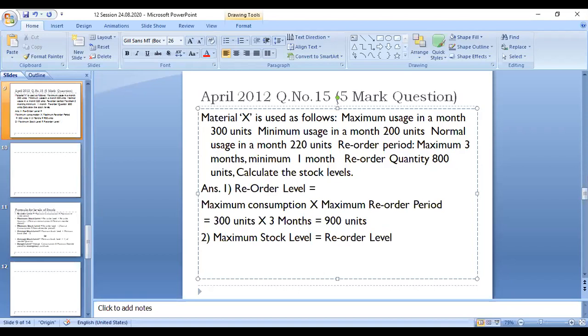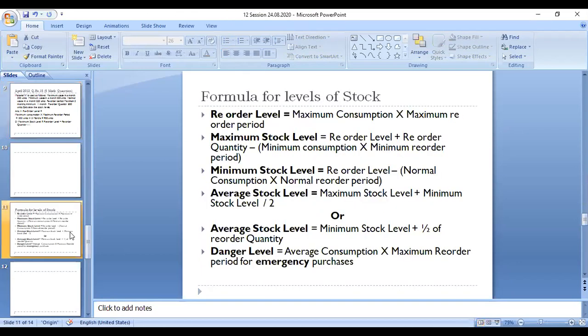Then plus reorder quantity, and then the amount before the bracket will be a reduction. So for the maximum, what is the consumption you have to take?